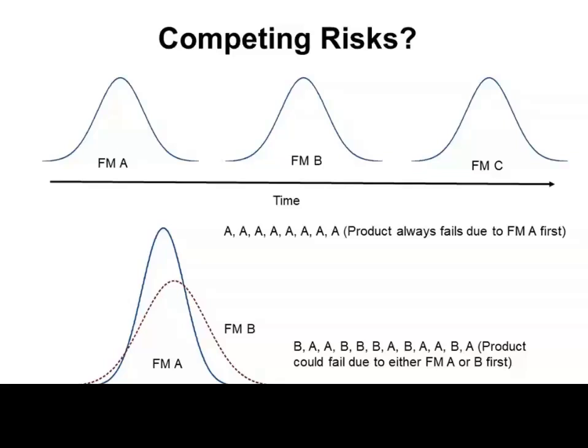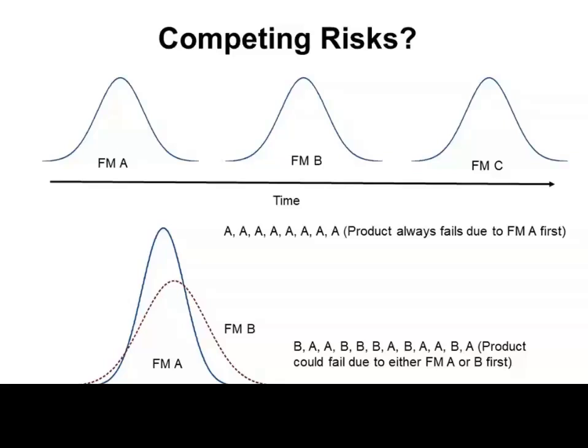So in the top picture, if we were just testing to failure and writing down the failure modes and the times, we'd basically get a bunch of failure times for failure mode A, because pretty much everything is going to fail for A before the B's even kick in. On the bottom graphic, that's not the case.